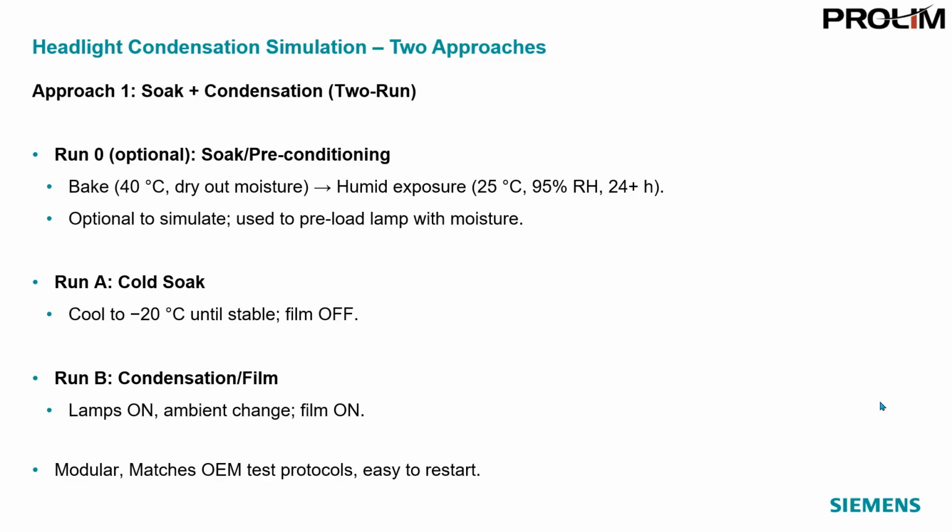In this case, you don't really need the fluid film on, which is just going to complicate things and it's unnecessary there. And then you do the last one, that is condensation and film, where the lamps turn on and also your film is turned on. Now this approach is more modular. It matches what most of the OEM test protocols indicate, and it's very easy to restart, and each of these runs are dependent on one another.